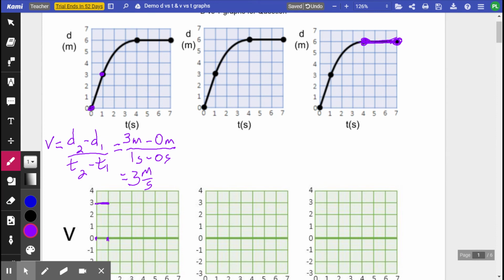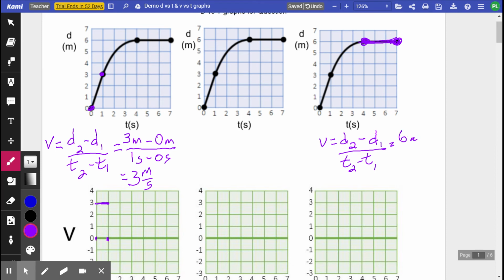So again, if we're going to try to find the velocity for that segment, as it has been all year, velocity is the slope of our position time graph. So I can say it's the later position minus the earlier position divided by the later time minus the earlier time. Well, the ending position and the initial position are both 6 meters.